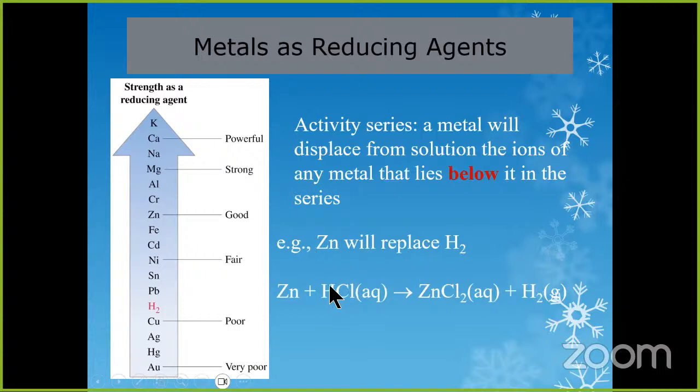Now, as I said before, hydrogen is included, even though it's not a metal, in this series, precisely because of reactions like these. So if you look at where zinc is here in this series, and if you look at where hydrogen is, which is right here, then based on this series, you can make a prediction that zinc will displace hydrogen when you add zinc to a solution which contains hydrogen ions. And that's exactly what happens.